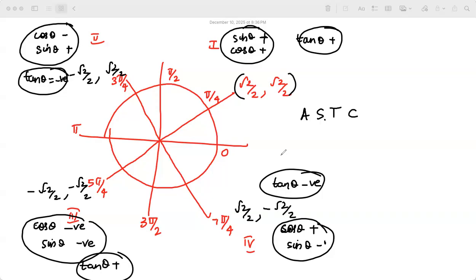Nice, I'll borrow that from you, maybe credit it to your teacher. I like that, I have not heard of it. All students take calculus. So all are positive, then sine is positive, then tan is positive, and then cos is positive.